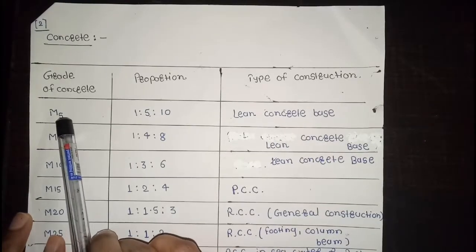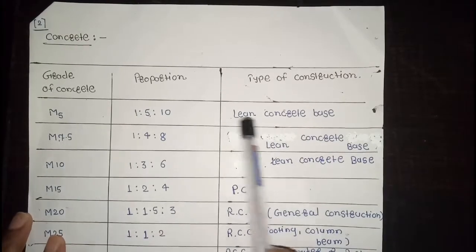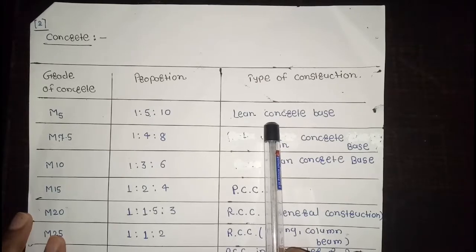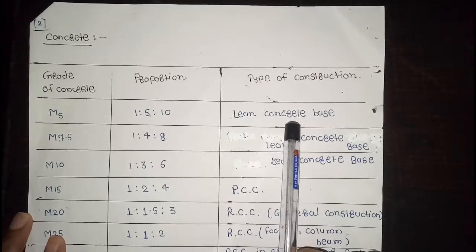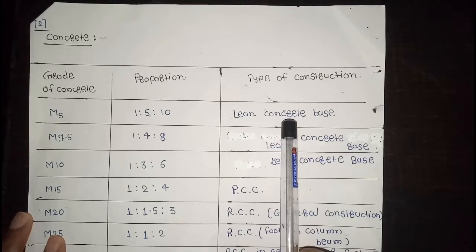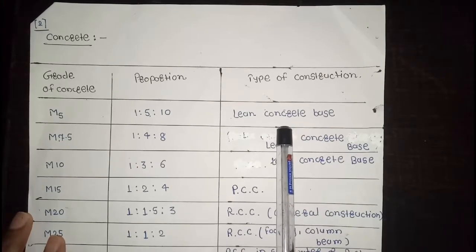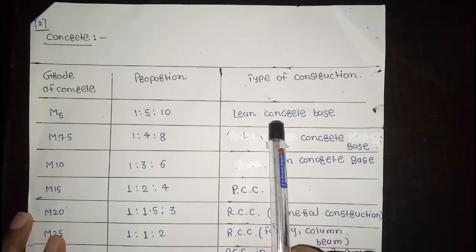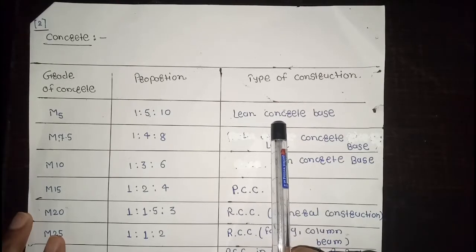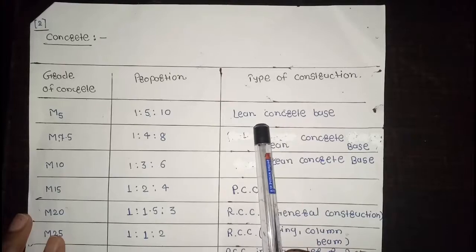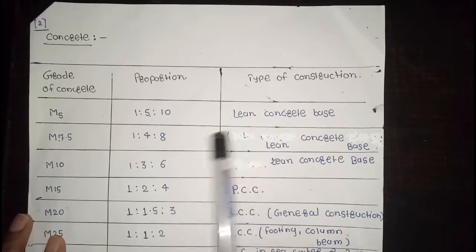Grade M5 is a very lean mixed concrete and it can be used in any non-structural work because it has less compression strength. Also it is generally used in foundation as PCC, means plain cement concrete.